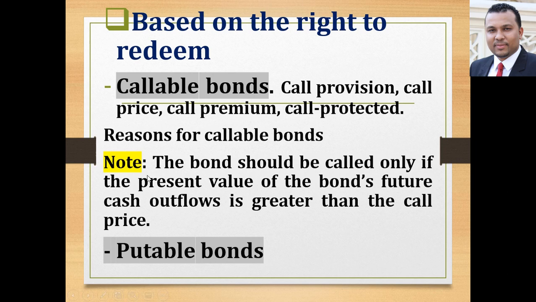Note, the bond should be called only if the present value of the bond's future cash outflow is greater than the call price. Suppose corporate A issues bonds with a lifetime of 5 years, and the bonds have the right to call in the indenture.